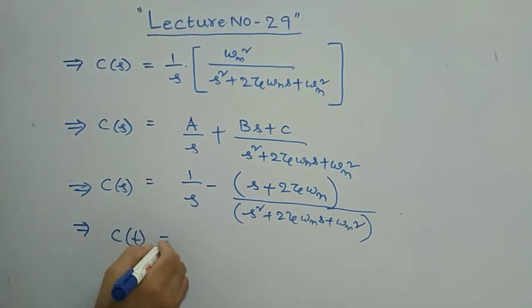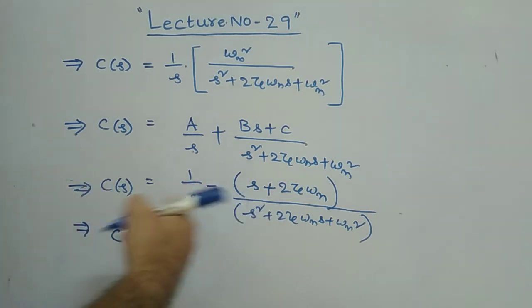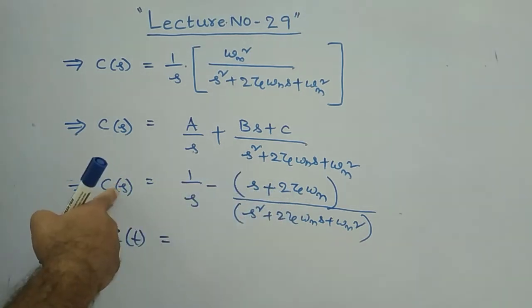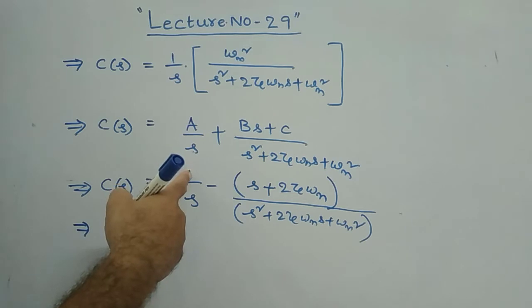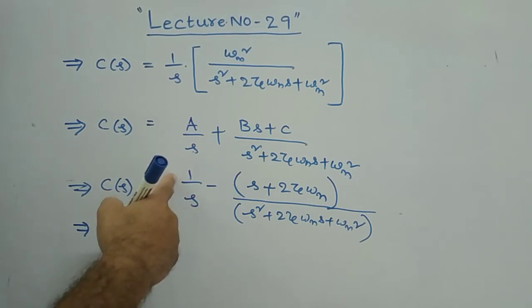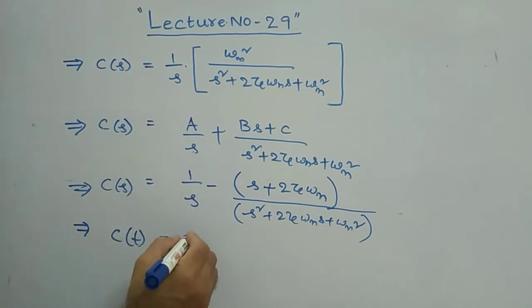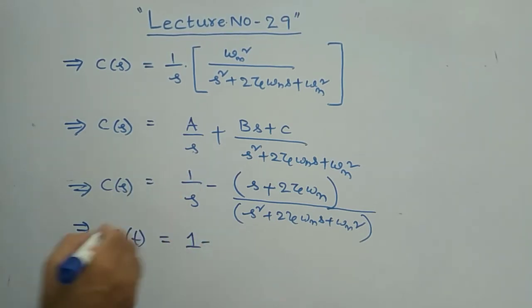If you apply the inverse Laplace transformation to both sides, C of S becomes C of t, then 1 by S becomes nothing but 1, it becomes 1 minus, and there is one expression that will come.